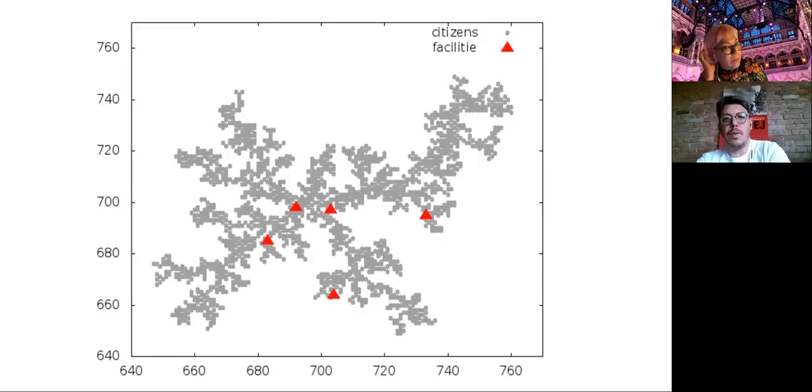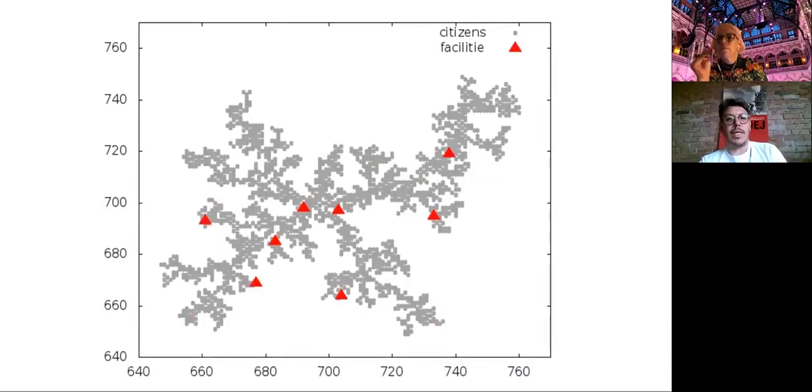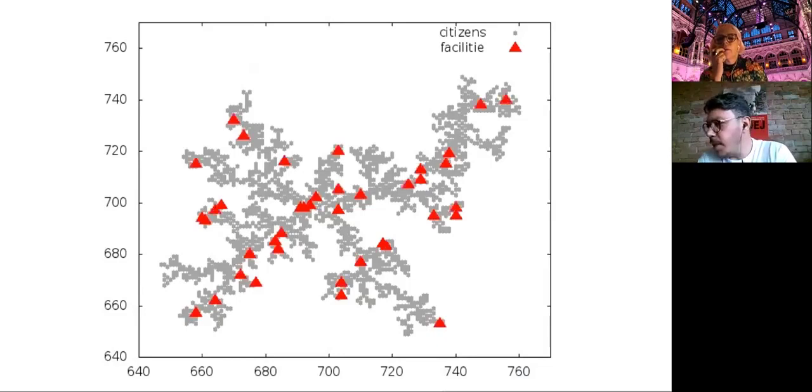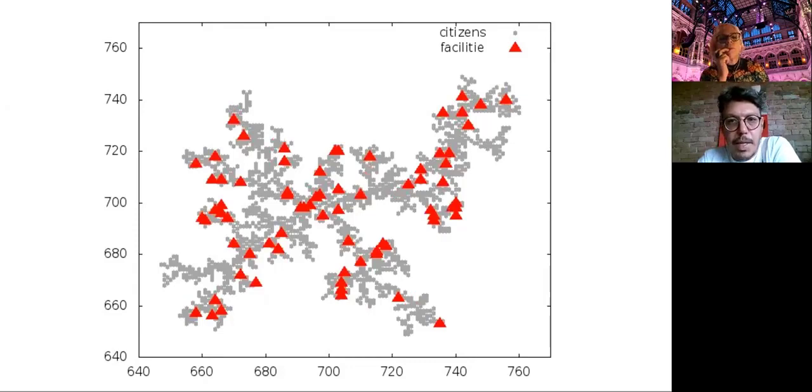You can also compute the infrastructure using the same idea of the decay with distance. You can simulate, for example, the number of amenities in the city. Here, my city is generated by a DLA algorithm, the small circles are the city, and the triangles are the facilities. If you wait long enough, the number of facilities will reach equilibrium, because there is a competition between the facilities.